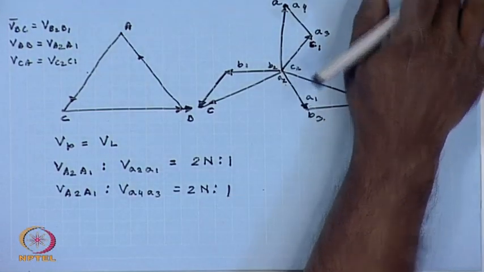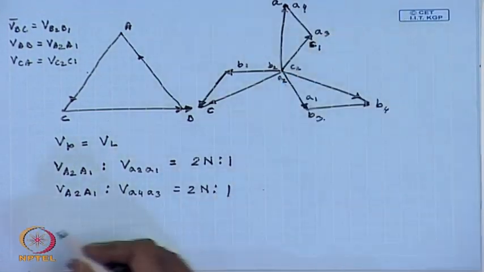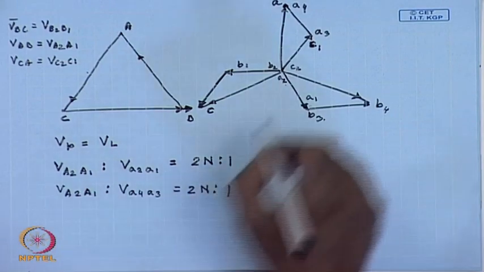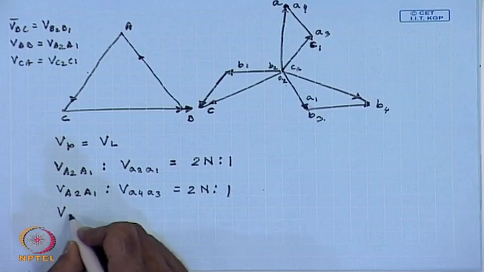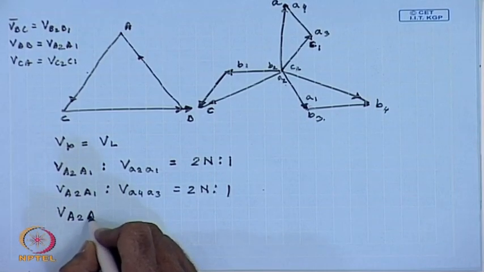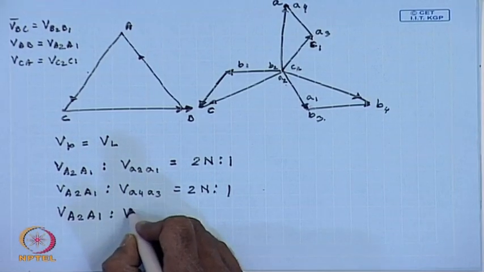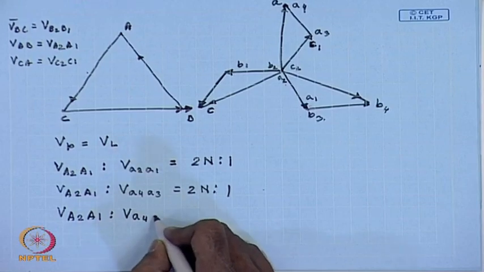Therefore, what is the ratio of V A2 A1 to V A4 A2?